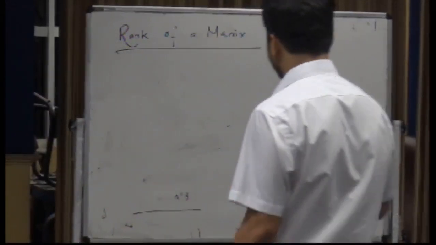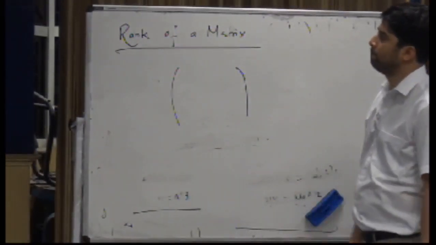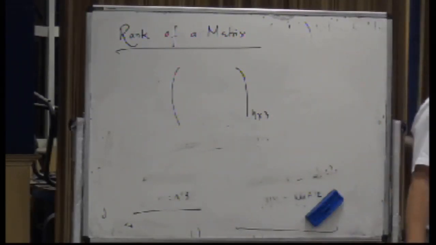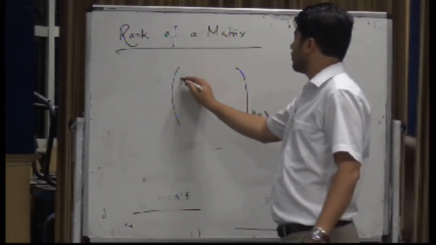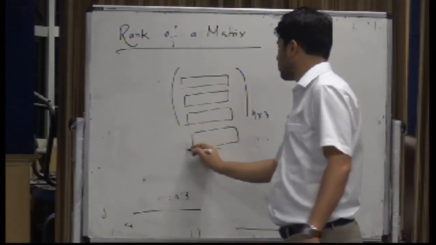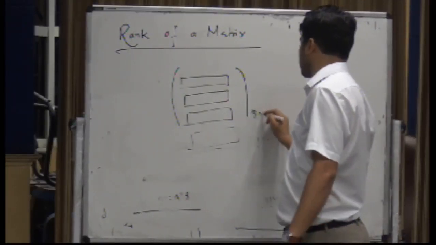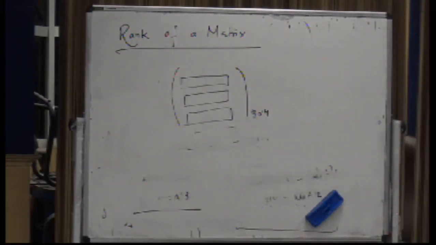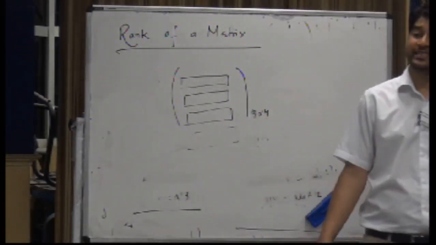Let's say you have a 4 into 3 matrix, or you call it 3 into 4. Okay, so you have 3 rows and 4 columns. Now you are going to create sub matrices.